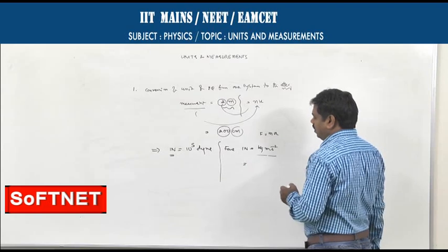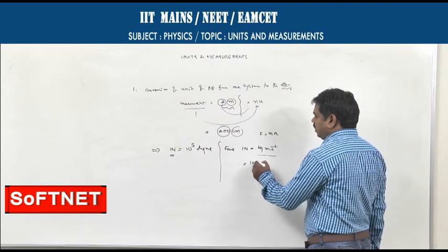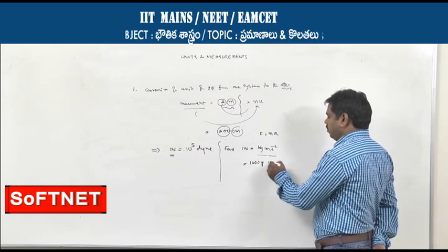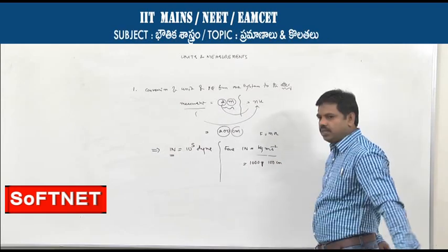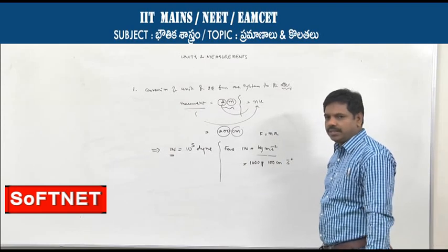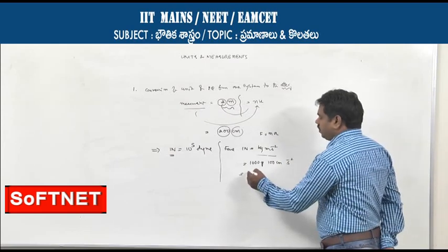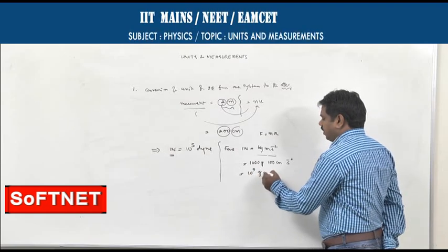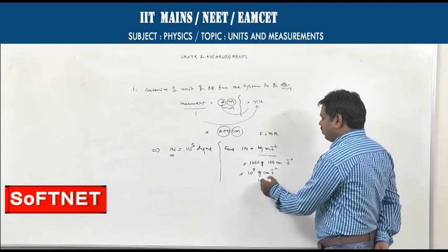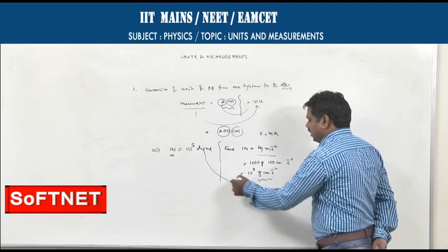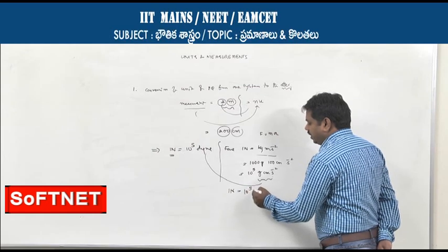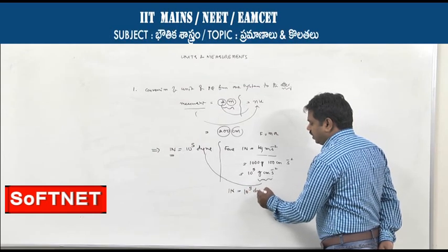You already know that 1 kilogram is 1000 grams, and 1 meter is 100 centimeters, and in CGS units the unit of time is also second only. Now from this what do you get? 10 to the power of 5 gram centimeter per second square. Now this gram centimeter per second square is called the dyne. So 1 Newton is equal to, simply we can write, 10 to the power of 5 dyne.